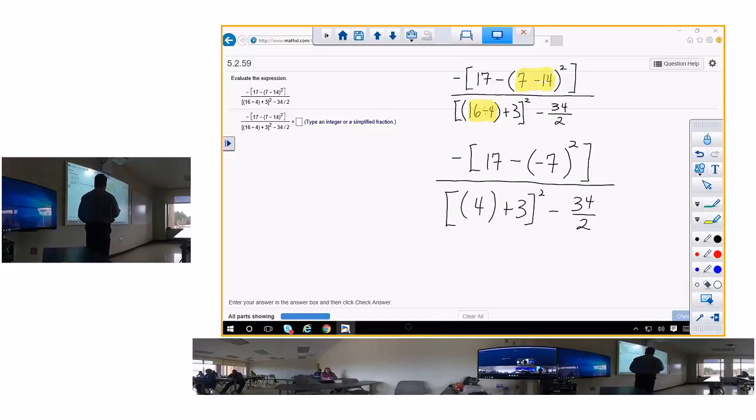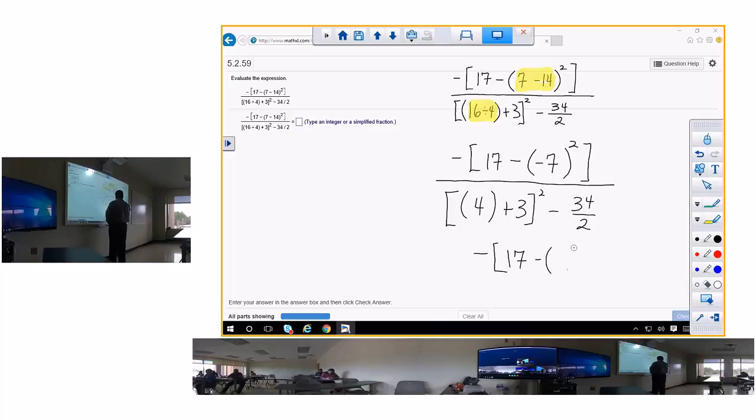Now, what comes after parentheses? Exponent. Well, you got an exponent you can do up here, right here. That one right there. And negative bracket 17 minus, I'm going to put parentheses right here because I'm showing you that I'm actually doing the problem. So negative 7 squared is what? What's negative 7 times negative 7?